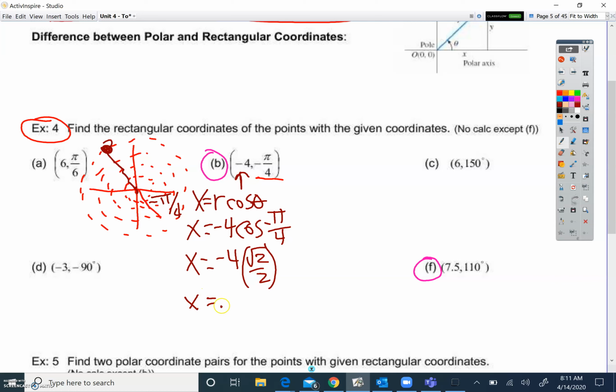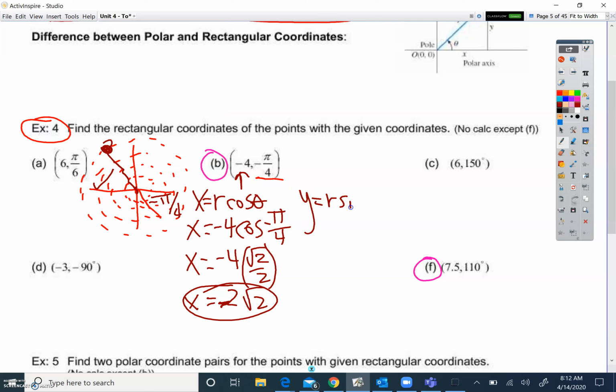X equals -2 rad 2. And again, since this is a negative x value, it's going to be somewhere in the second or third quadrant, but of course we know it's going to be in the second quadrant because that's where our polar started. To do the y coordinate, same thing.